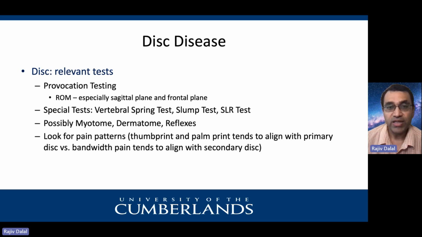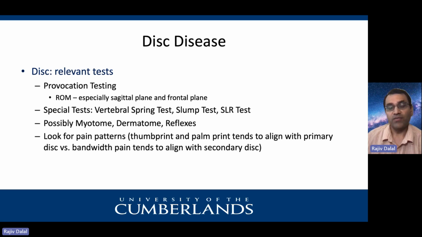The intervertebral discs tend to have both what we call monosegmental innervation and polysegmental innervation. And so the nucleus pulposus material tends to be what we call monosegmentally innervated.